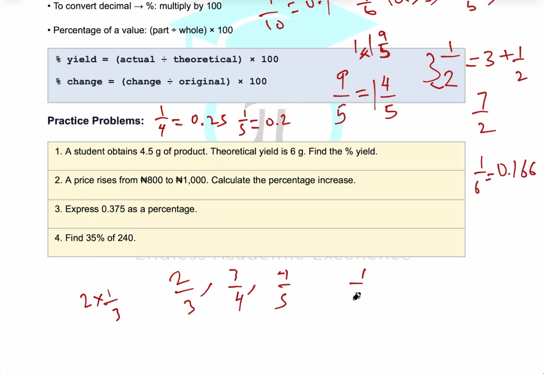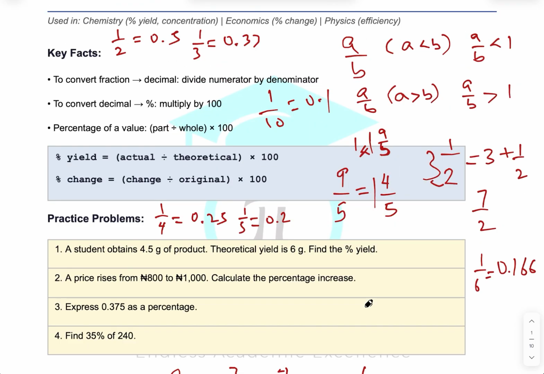You already know 1 over 5 is 0.2. How then do you do 4 over 5? Just multiply 1 over 5 by 4, and you have 0.8. So you can manipulate your way around any fraction and convert it to a decimal once you know the basic ones I've given you.